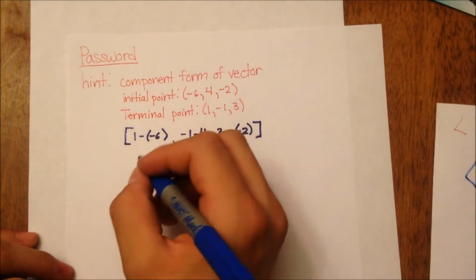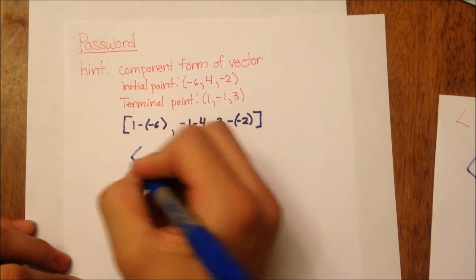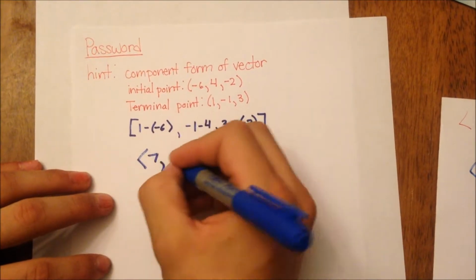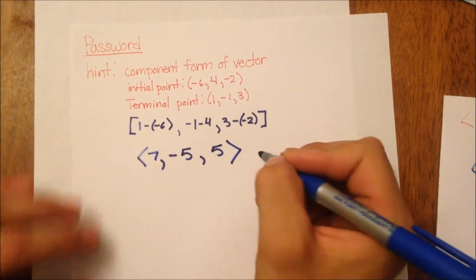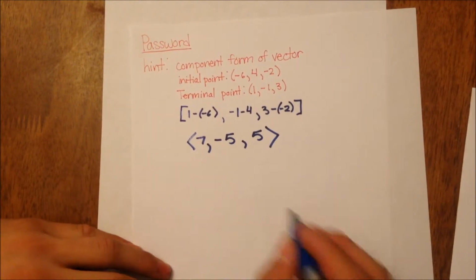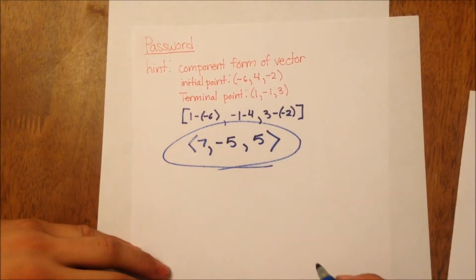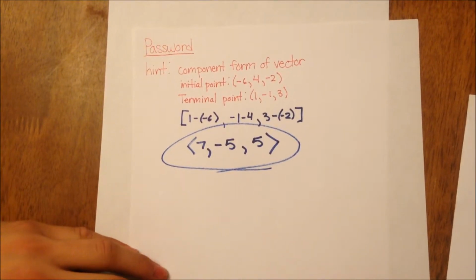When you simplify that down, you'll get the component form of the vector, which is 7, negative 5, 5. So our password is 7, negative 5, 5.